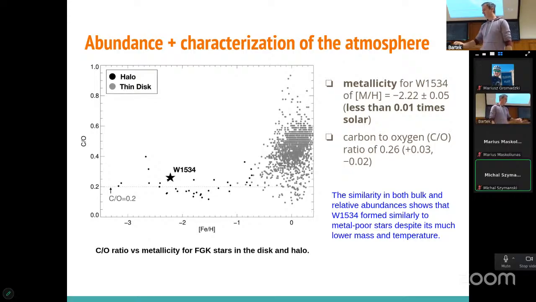And when you compare these values to FGK stars in the disk, in this region here, and in the halo, you can see that the halo stars tend to flatten out at the value of roughly -0.2, which is roughly the same as for our object. So we could expect that this source, having roughly 20 Jupiter masses, has formed most probably similar to stars in the halo.